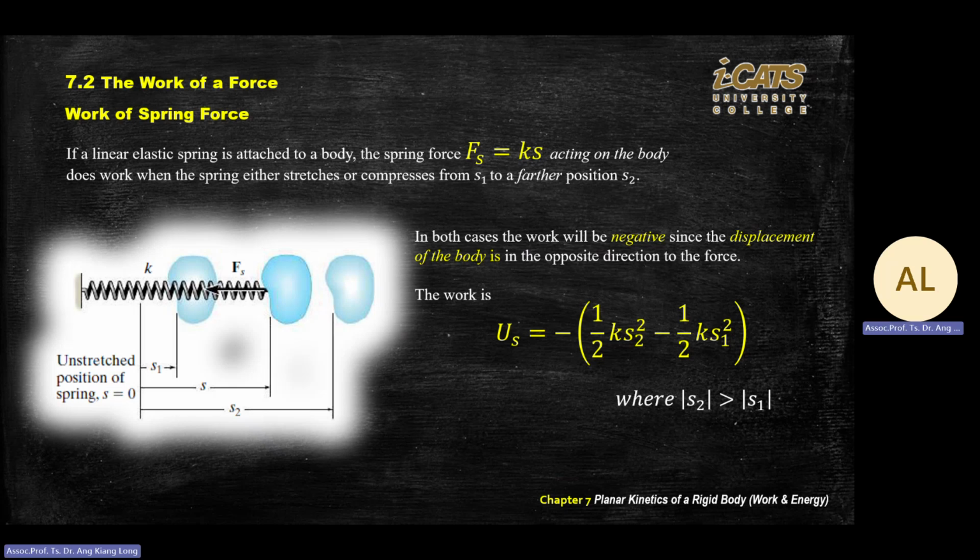This is unstretched, your s is measured from the unstretched position. So if you pull your spring, press it and then release, the spring is either stretched or compressed, so it depends on the initial position and the final position. S2 means final position, s1 is the initial position.